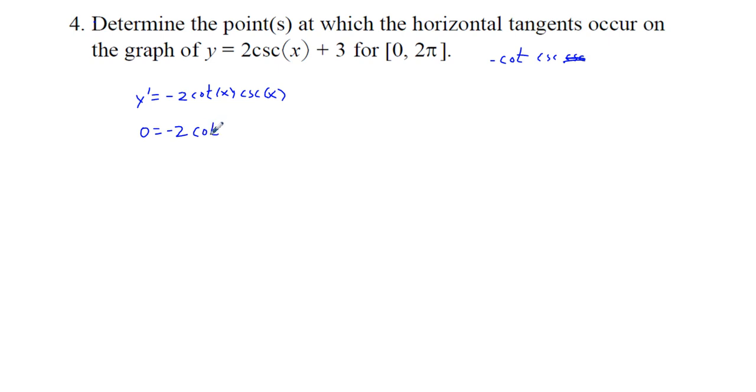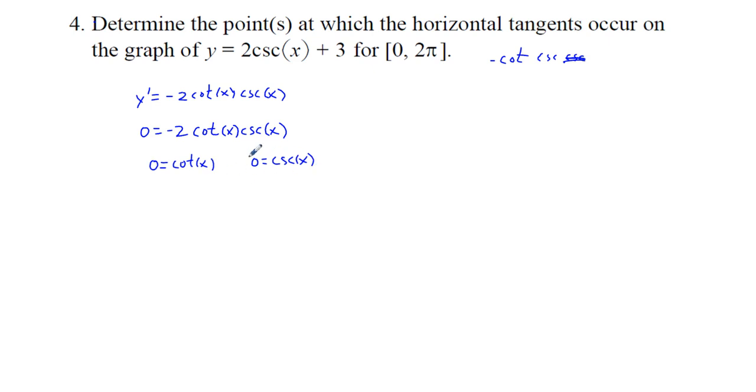So we have negative 2 cotangent x cosecant x. And according to the zero factor property, this equation will be a true equation when either of these ratios is equal to 0. And so we could write this out as 0 equals cotangent x, and also 0 is equal to cosecant x.